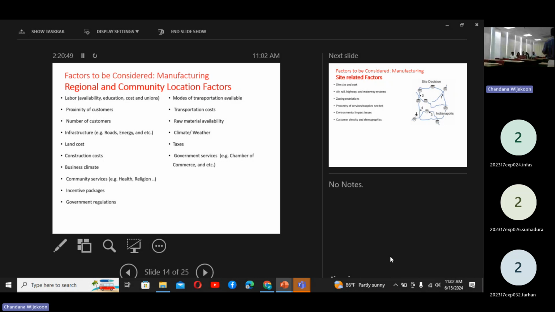Countries like Sri Lanka, Pakistan, India, Bangladesh, Maldives, and various others, right? Nepal, and they will look at which country would be more appropriate in terms of these factors.